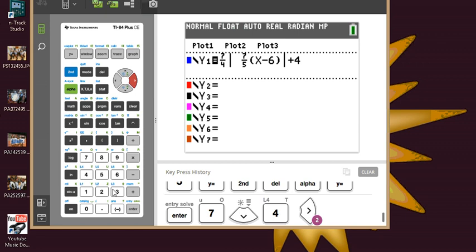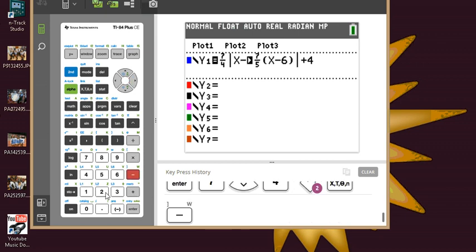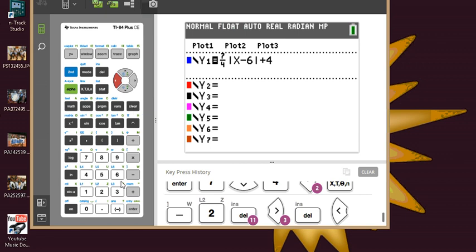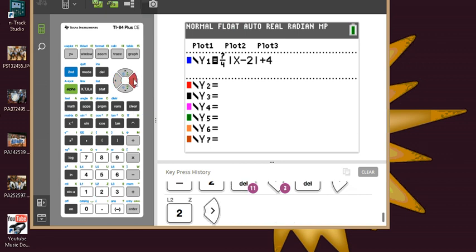We'll go x minus 2. And we can delete everything else out of here. So I'm going to delete that. X minus 2 goes into the right here, we'll put minus 3. And that should be it.